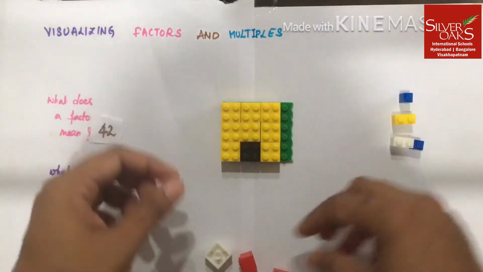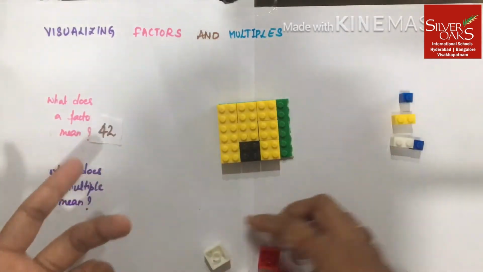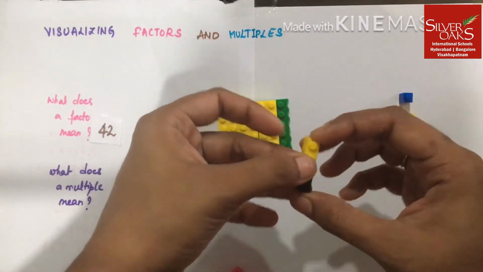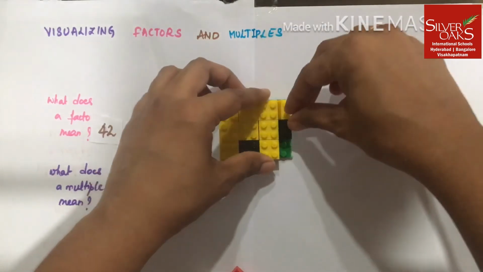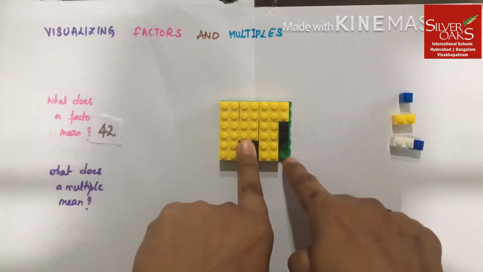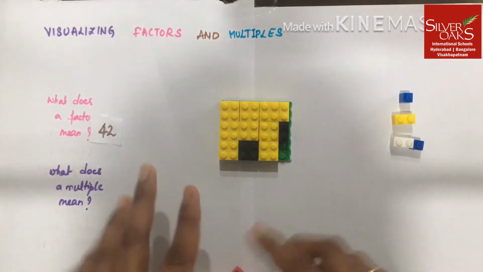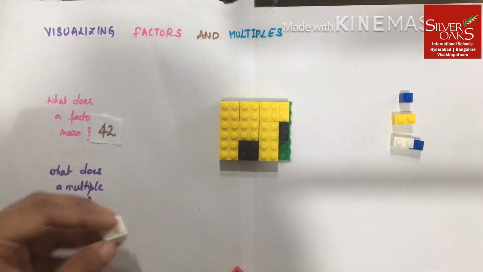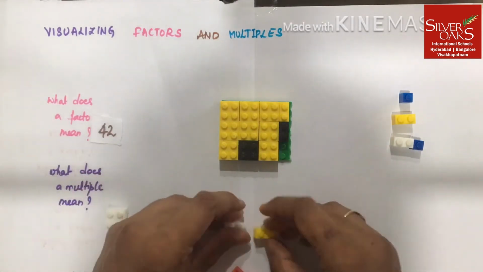Okay, this can't fit over here, but we need to rearrange. Maybe I'll take this as a 4, one more 4. Now as you can see, you're just left with 2 dots, and there is no way that you can put your Lego size of 4 of any kind, this or this.